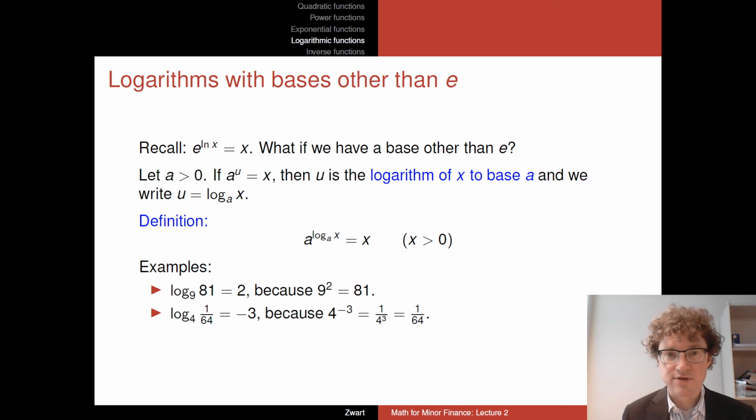In other words, a to the power the a log of x is x, where x needs to be a positive number. If you put in, instead of a, this number e, then we have what we had before. So this generalizes the natural log to any base a instead of the number e.